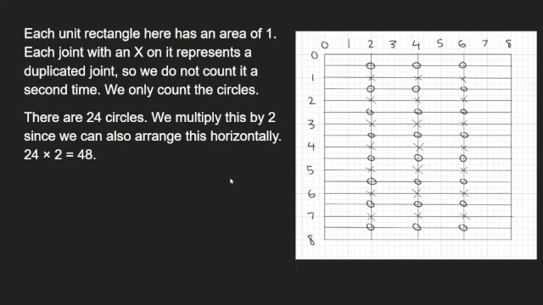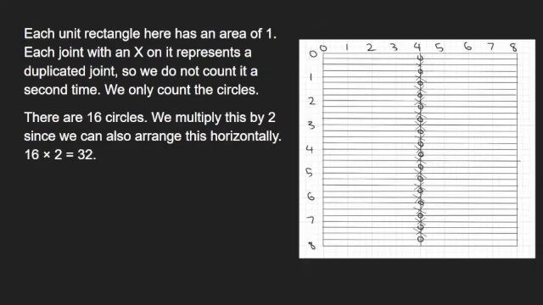Here you can see there are 24 circles, and since we can also arrange this horizontally, we multiply this by 2, since there are 2 directions we can arrange this. So 24 times 2 is 48, so there are 48 total ways of dividing it like this, with height 1/2.